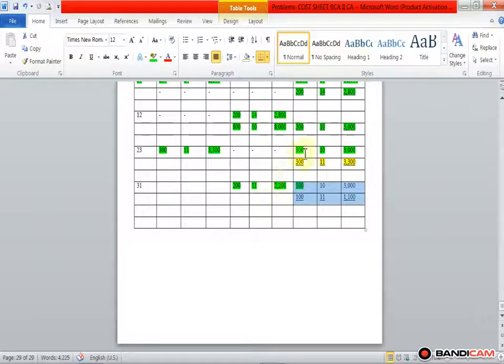So the first 300 remain the same and we carry them forward: 300 into 10 is equal to 3000. Out of the other 300 we issued 200, so 100 units are remaining with the factory. So 100 into 11 is equal to 1100.